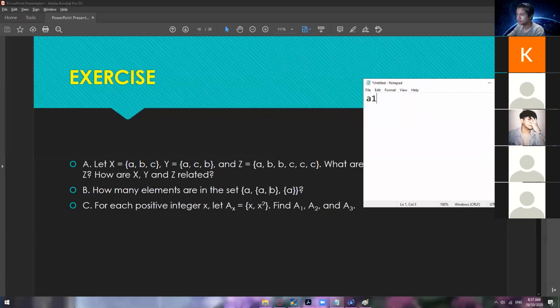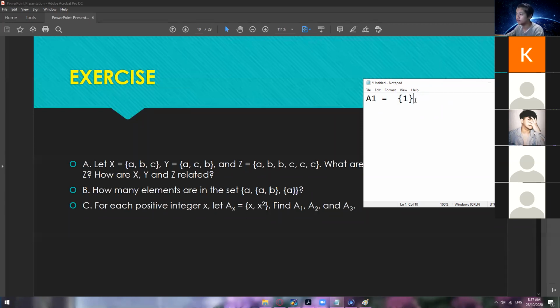Positive 1, sir. 1 and then 1 squared is still 1, wherein A1 is just 1 since naulit lang yung elements natin dito.